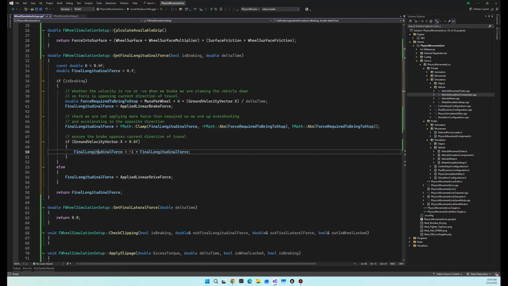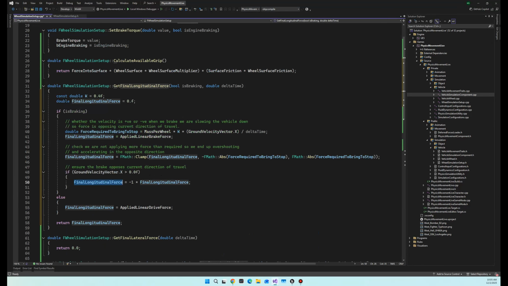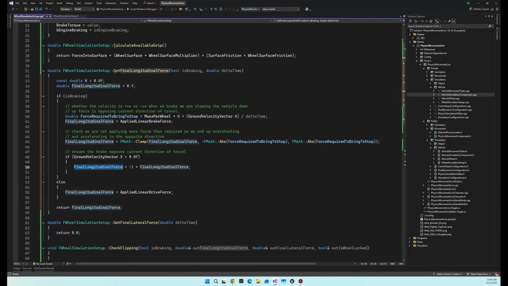Otherwise, we take the longitudinal force, which is this guy, and multiply that by -1, which gives us the counter force to the direction we're going in. So that's how we're going to be calculating whether we need to accelerate or decelerate, and what forces are needed to do that.